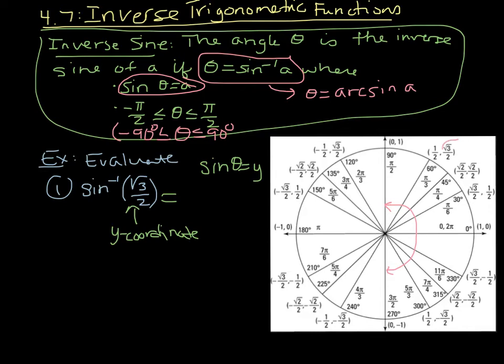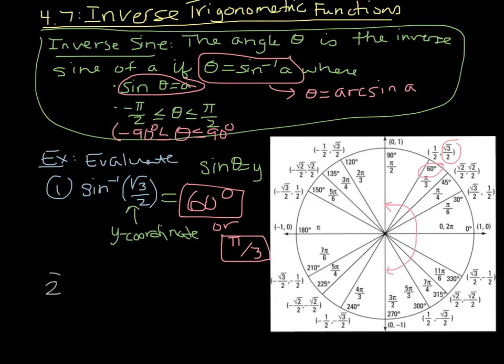The only place that happens in the range that we're allowed is at 60 degrees. So our answer is going to be 60 degrees, or you can write it as pi over 3. Just remember, we are looking for the angle.